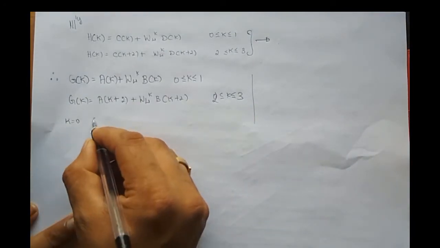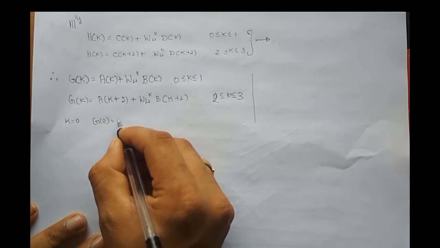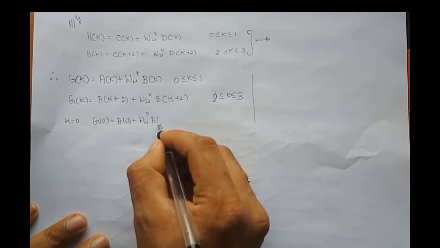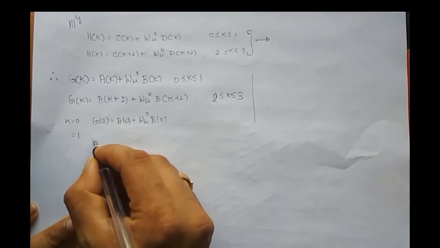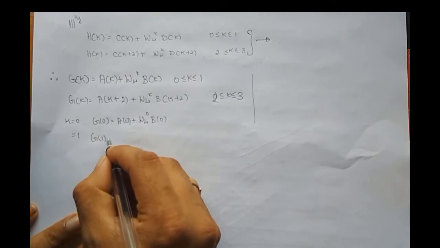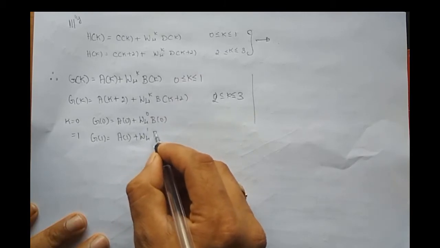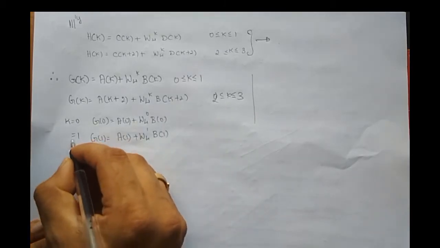For k equal to 0, I have G of 0 is equal to A of 0 plus W4 power 0 B of 0. For k equal to 1, I have G of 1 is equal to A of 1 plus W4 power 1 B of 1.